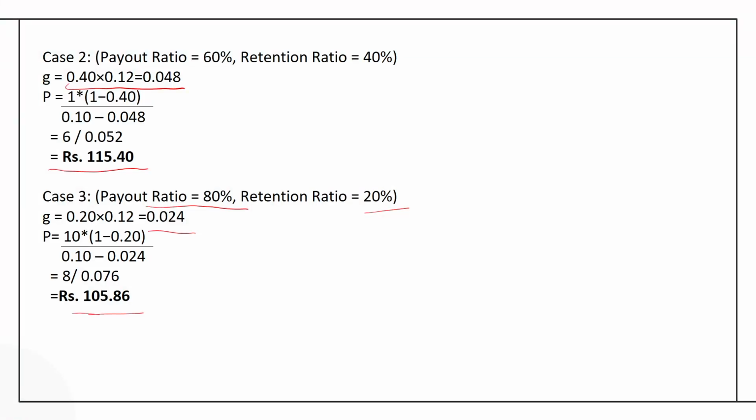He has also been successful in doing so, because we have seen that the value of the share that was 250 when the payout ratio was merely 25% has come down to 115 when the payout ratio was increased to 60%, and has further decreased to 105.86 when the payout ratio has been increased to 80%.